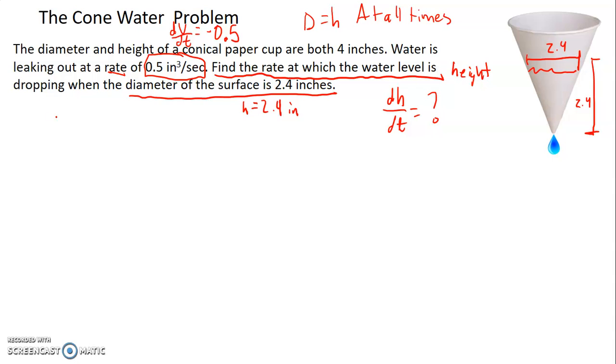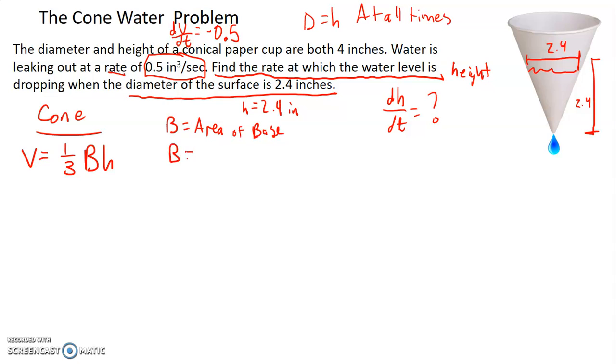The formula for volume of a cone and volume of a pyramid are really the same thing. It's 1/3 capital B times H, where capital B is the area of the base. If we're dealing with a cone, the base is a circle, and the area for a circle is pi r squared. So I can rewrite this formula as 1/3 pi r squared h.